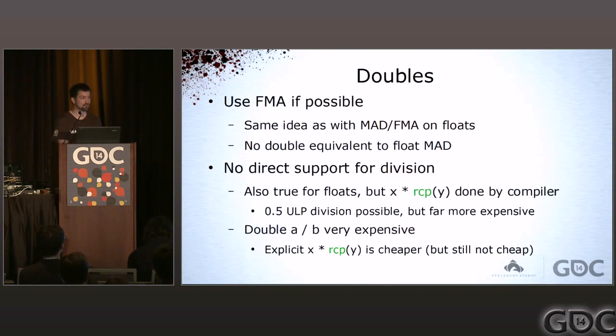Obviously, the same thing applies with floating point. You should use the fused multiply and add if you can. One thing to note here is that there's no double equivalent to the float multiply and add. There's only the fused multiply and add. The difference between these two is that the multiply and add does the rounding in between the multiply and the add operation, whereas the fused multiply and add only does the rounding in the end.